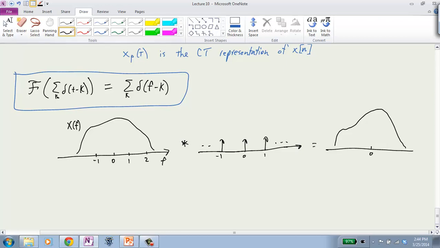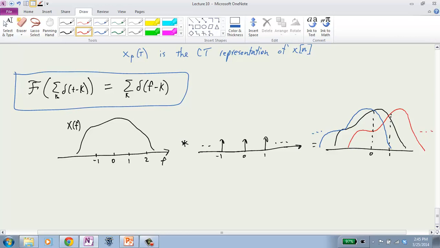We're going to get another copy of it like this, where at 1 it hits the same point, right? So a shifted copy. We'll get another copy this way. Okay, and we're going to get all of these added together. Is that making sense, this convolution?